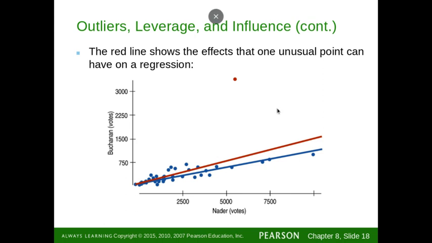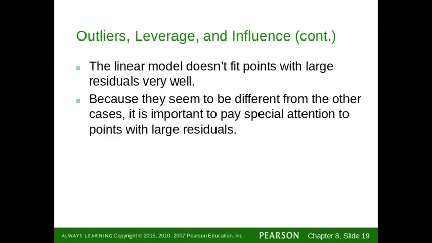So what they're saying is, if you were to do the residual on this red dot from here to the red line, this would be a huge residual compared to all these other dots. And if you did the residual from the red line or the blue line, clearly this is a large residual. So because they seem to be different from the other cases, it's important to pay attention to them.